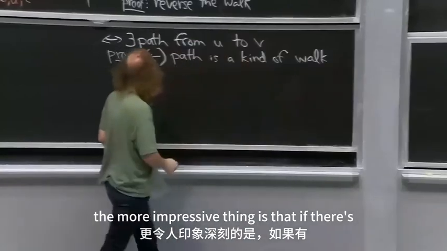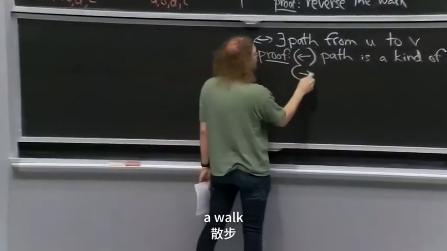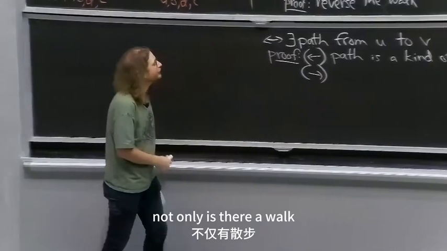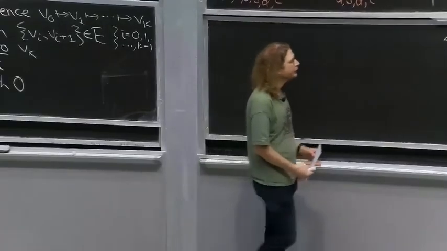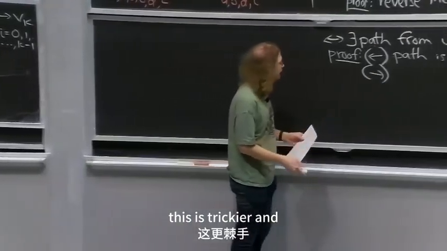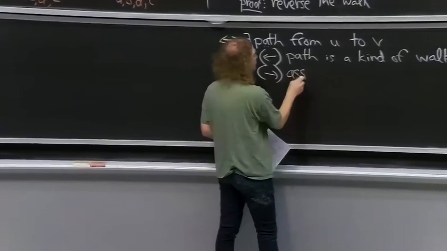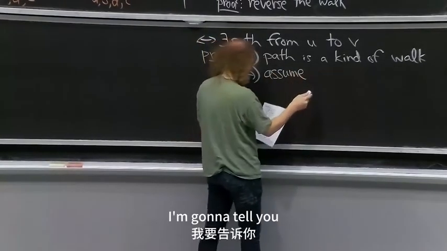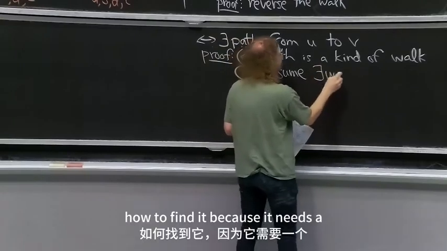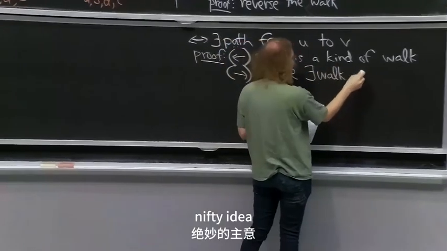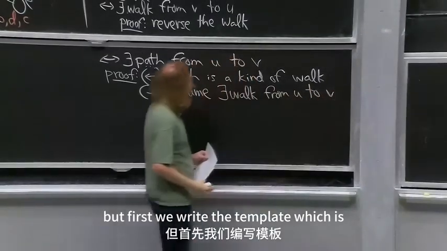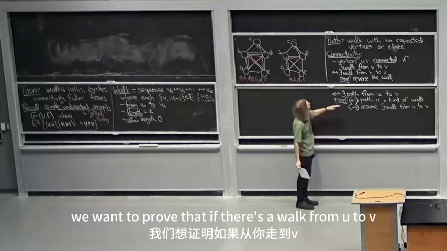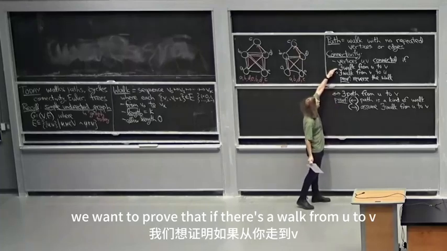The more impressive thing is that if there's a walk, then not only is there a walk, but there's a walk that doesn't repeat any vertices or edges. This is trickier. And I'm going to tell you how to find it, because it needs a nifty idea. But first, we write the template, which is, OK, we want to prove that if there's a walk from u to v, then there's a path.